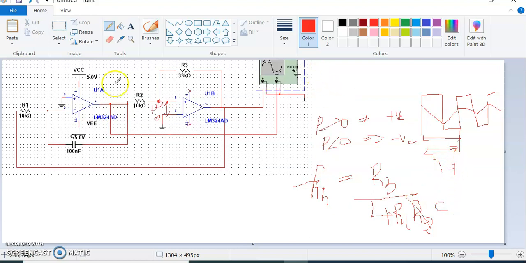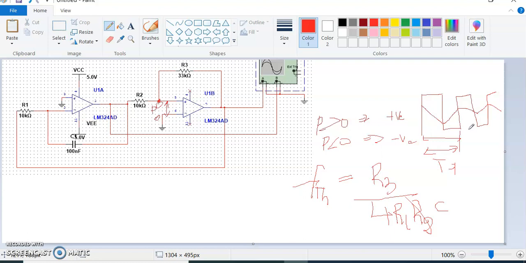If we change the value of this feedback resistor, then the frequency value of the generated output square wave and triangular wave will automatically change.